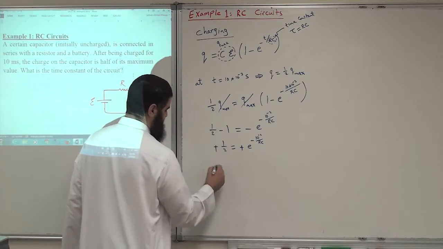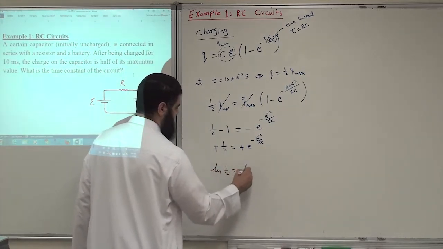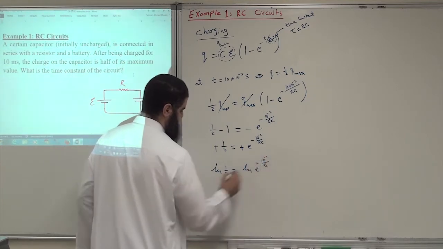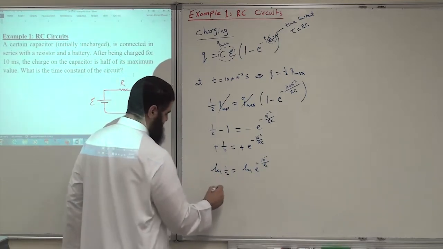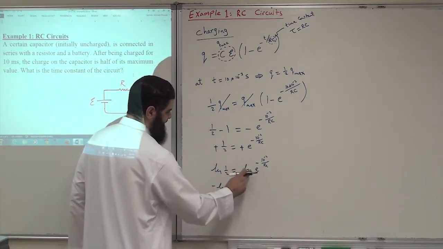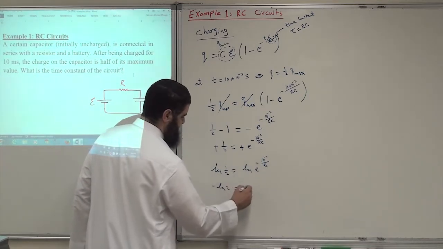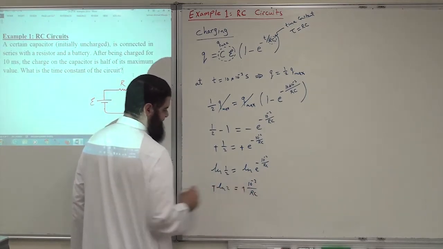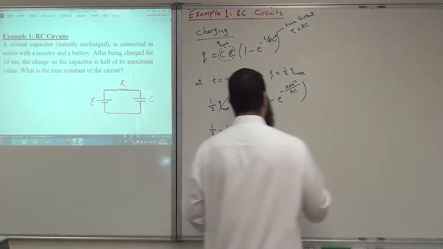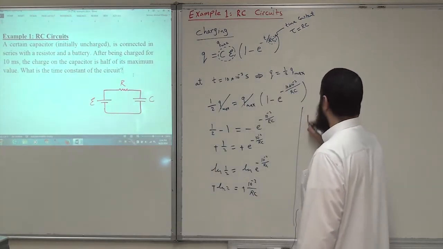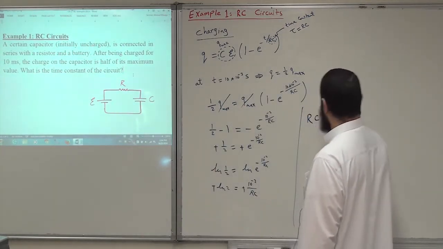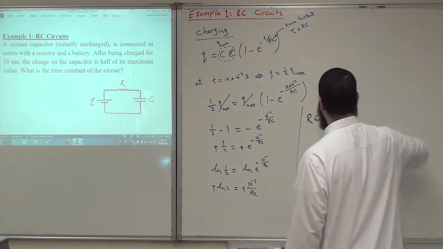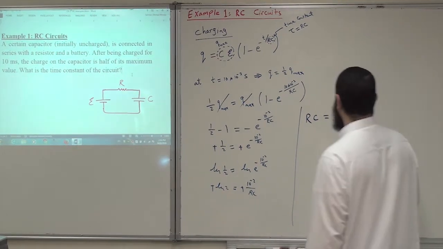So ln 1/2 equals ln e to the minus 10 to the minus 2 divided by RC. ln 1/2 is minus ln 2, and ln e to the minus power gives us minus 10 to the minus 2 divided by RC. Again, this minus will cancel with that minus, and we are left with RC equals 10 to the minus 2 divided by ln 2.